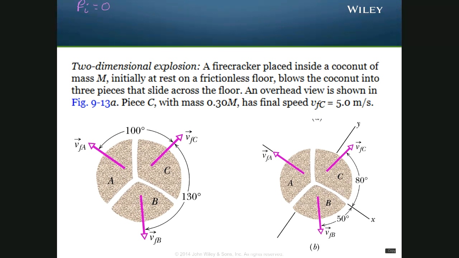And that means that has to equal P final. But right now we want to concentrate on the y direction. So Py initial will also equal 0. But, and I'll make a semicolon here, Py final. So we just want to go around and look at the y component of each of our momentums.